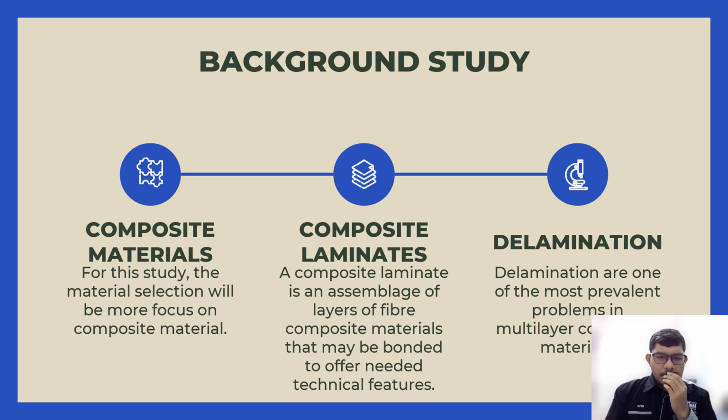Delaminations are one of the most prevalent problems in multi-layer composite material. They can be caused by manufacturing flaws or by operating impact such as heat, loading, impact loads, fatigue, and among others. Once started, they gradually expand with continued loading, eventually leading to component failure.